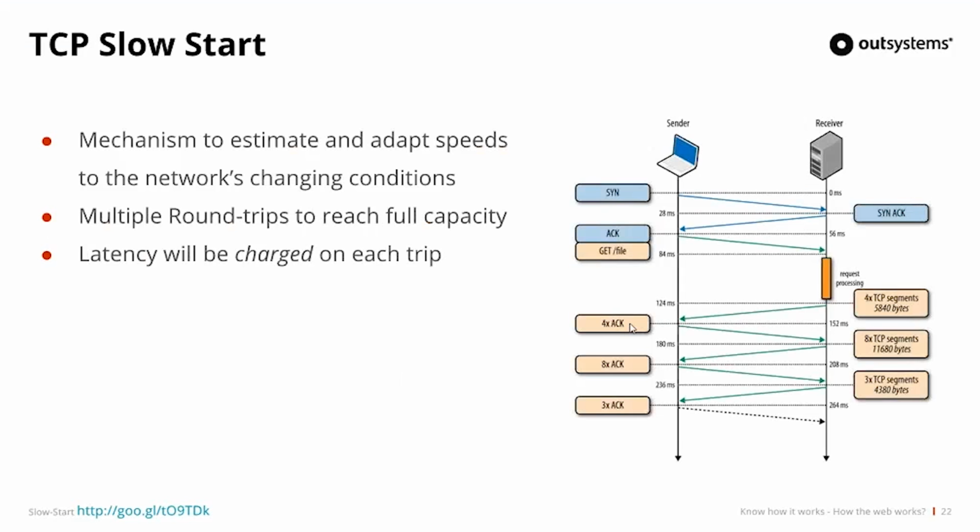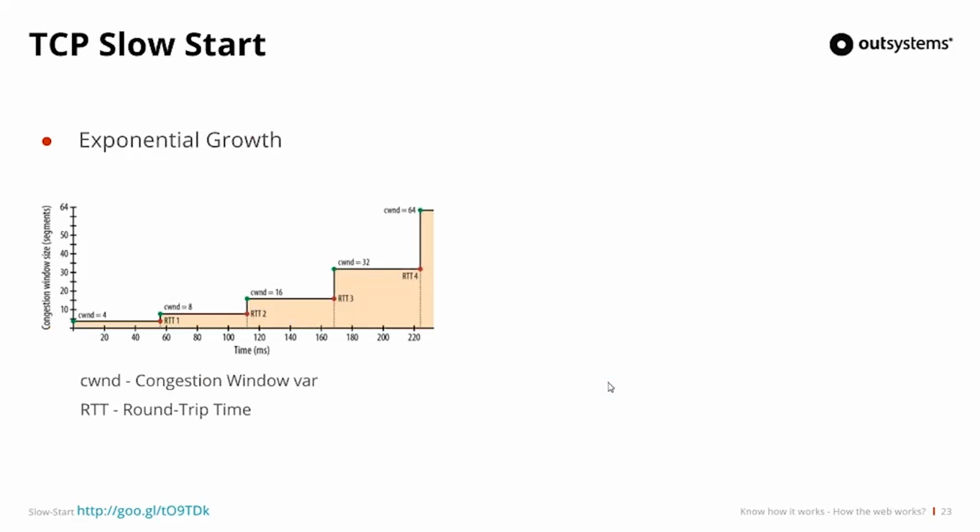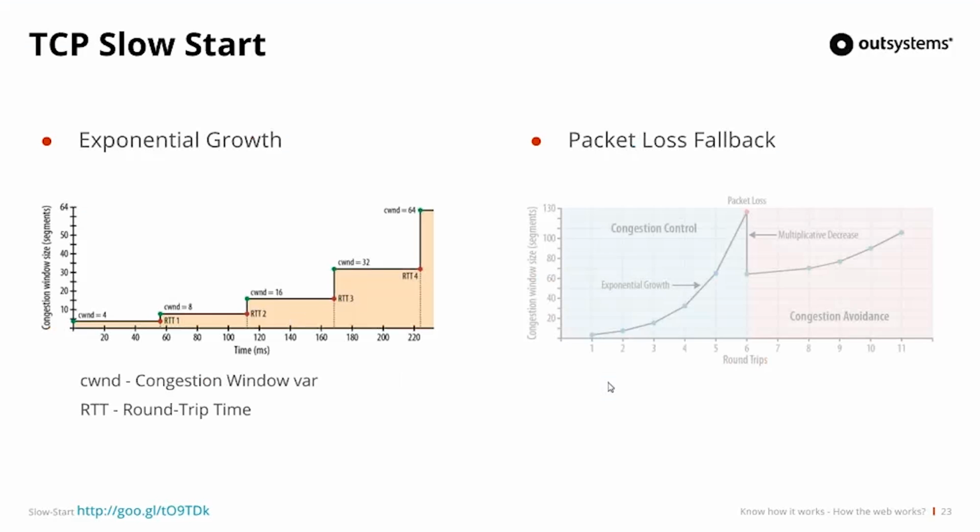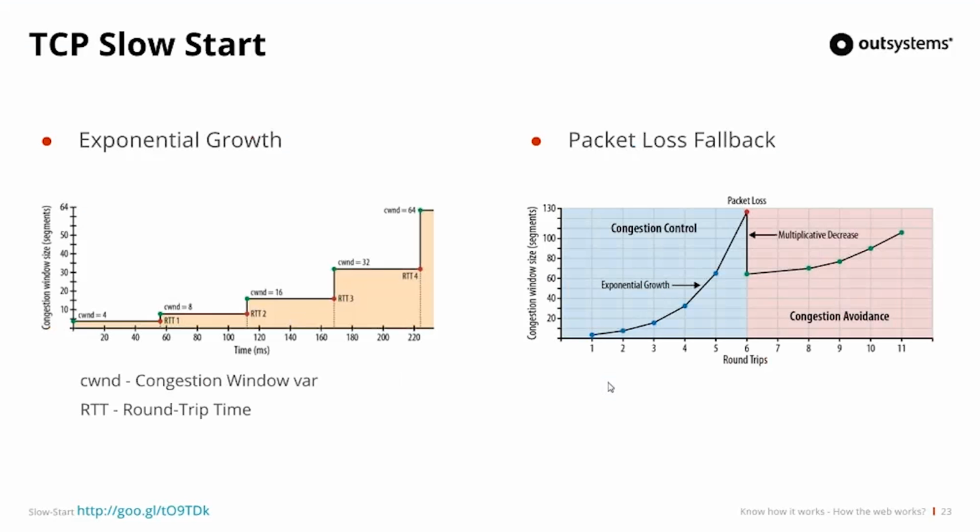We'll start to send 4 packages to the server. Then the server will respond, and then we'll send another 4. So it will be 8, and then 16, and then 32, as you can see here. So why can't you send all 64 at once? It will be much faster.